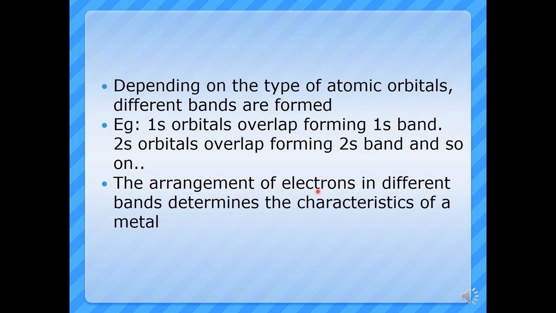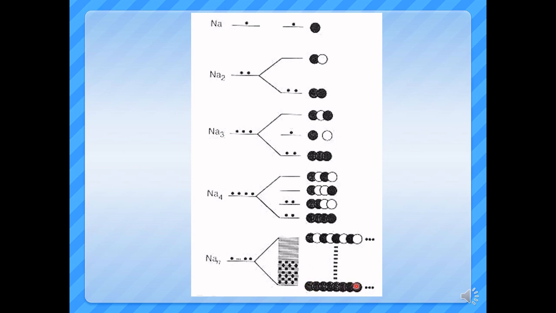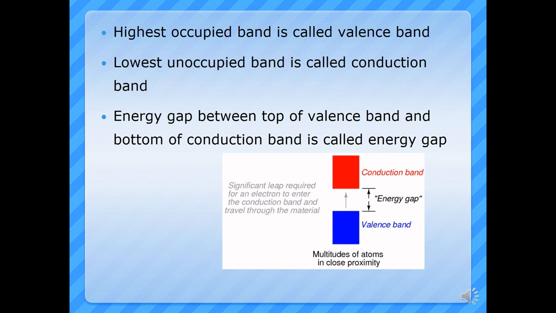The arrangement of electrons in different bands determines the characteristics of a metal. What we call the valence band, and the high energy band is called the conduction band. That is, the highest occupied band is the valence band, and the lowest unoccupied band is the conduction band. So if you can see, this represents a valence band and this red one represents a conduction band.